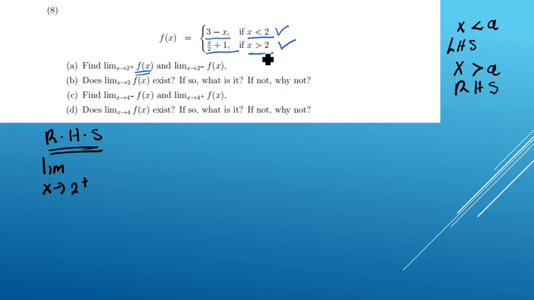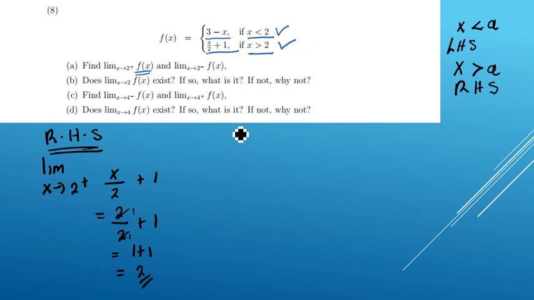And of course, the right hand side is simply this expression, so we're going to have x over 2 plus 1. This is just the same as 2 over 2 plus 1, which is 1 plus 1, and our final answer is 2.